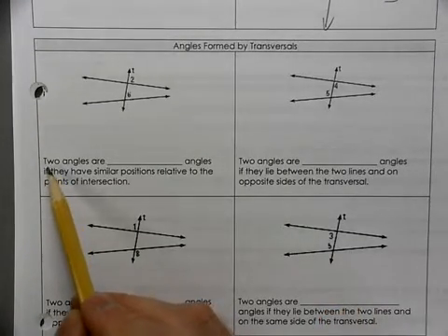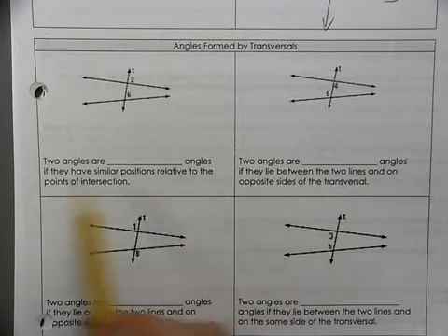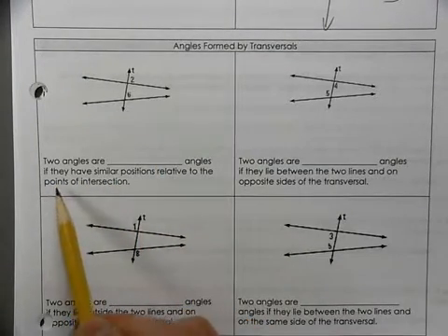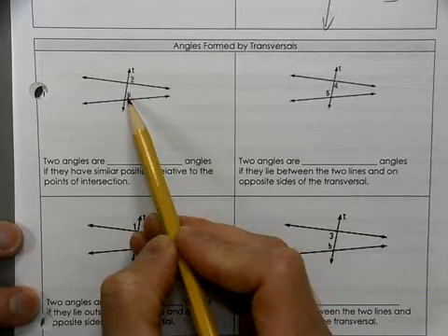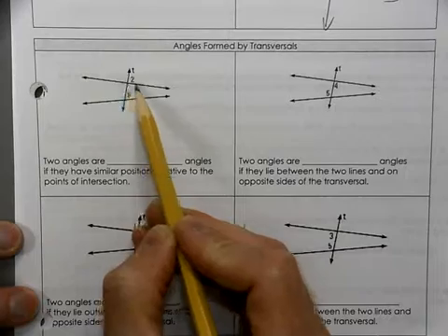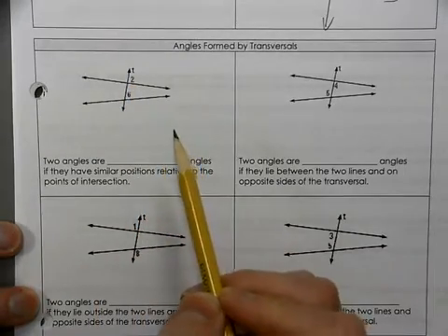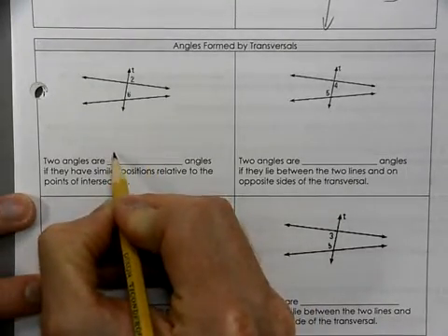So here, what we're noticing is that two angles are a certain name if they have similar positions relative to the points of intersection. Look at their location. They're both on top of the line, both to the same side of the transversal. So we would call that corresponding angles.